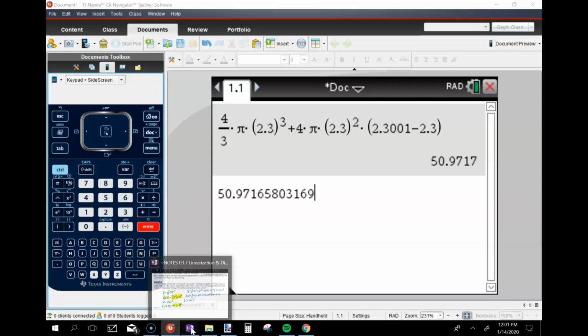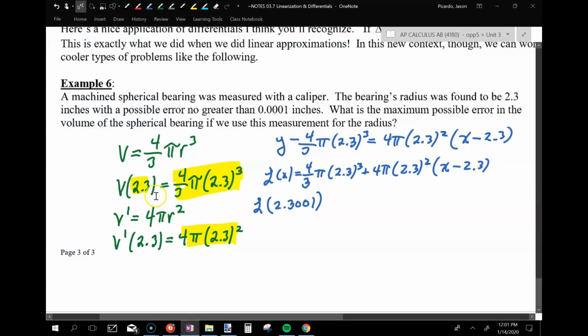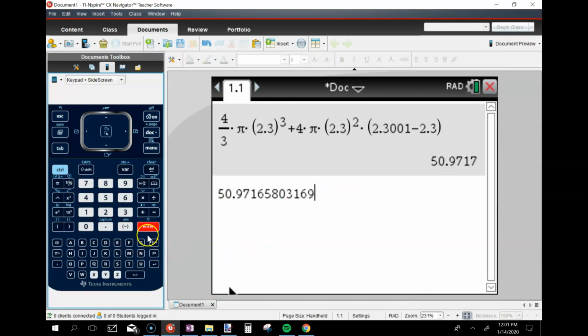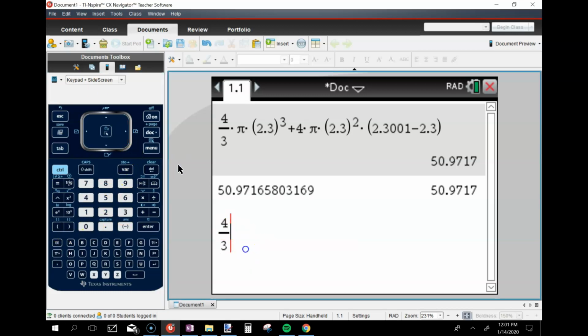So I wonder what the actual volume was, right? So the actual volume, if the machine did it perfectly, was 4/3 pi times 2.3 cubed.